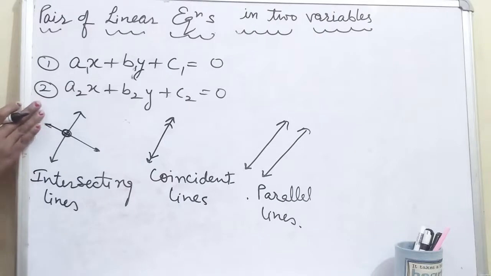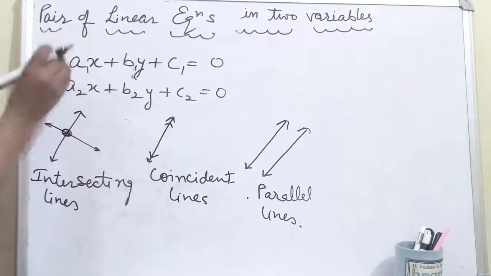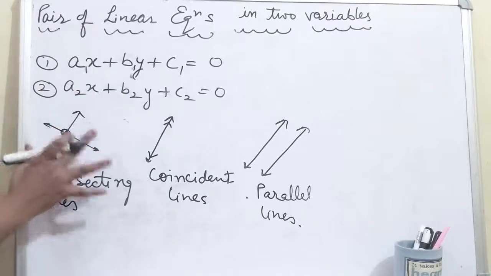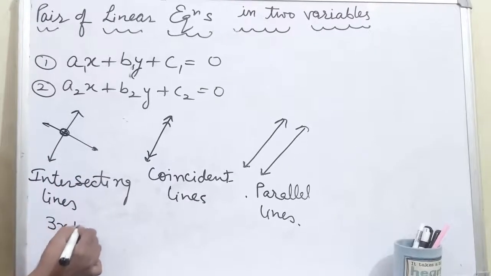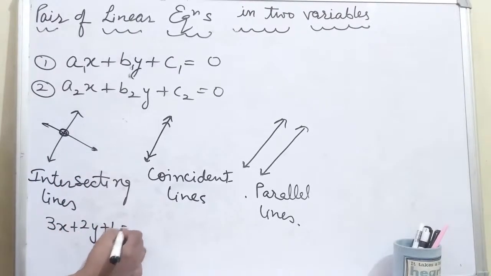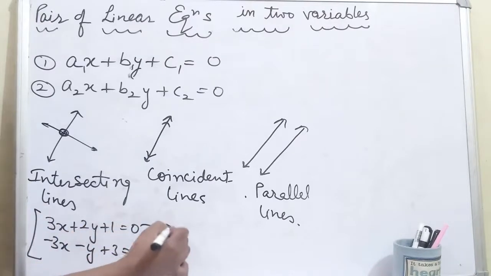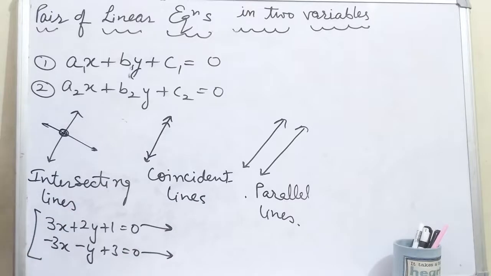But is it possible without plotting them on the graph? Can you tell me which type of lines you get without plotting the graph? Suppose I have two equations here: 3x + 2y + 1 = 0 and -3x - y + 3 = 0. I can draw the graph of these two equations and get any of the three cases.